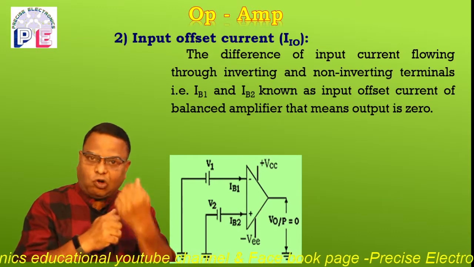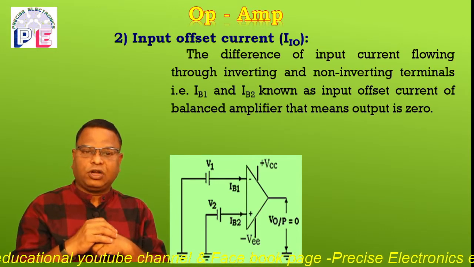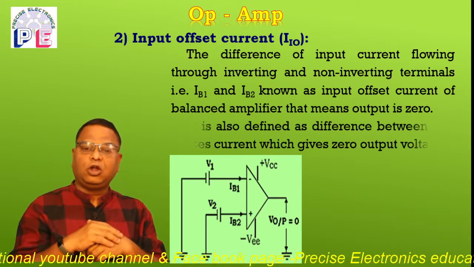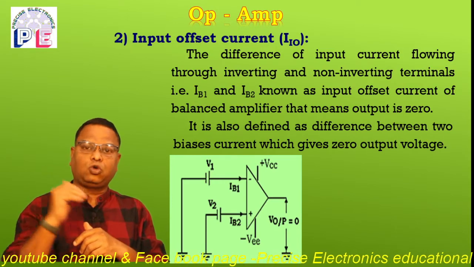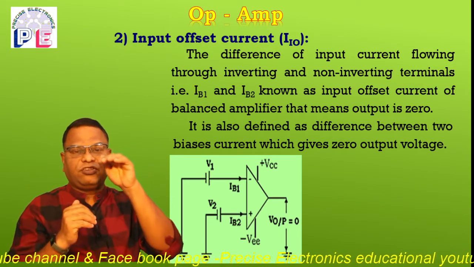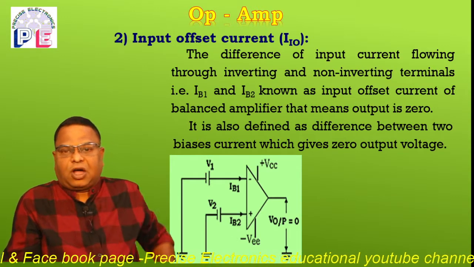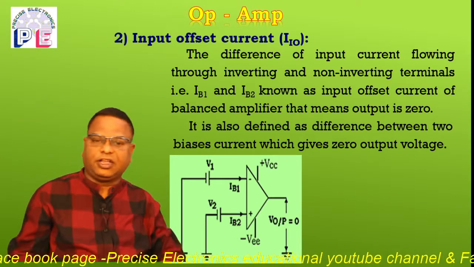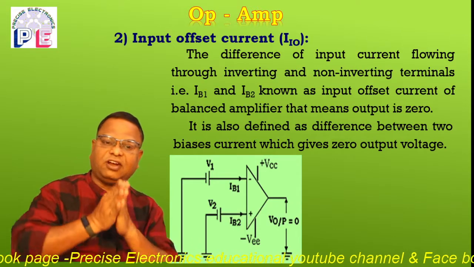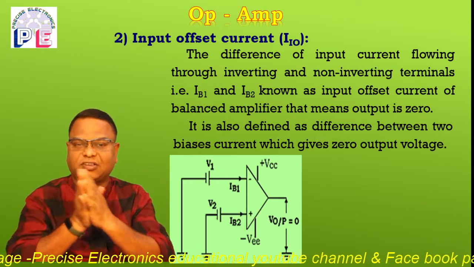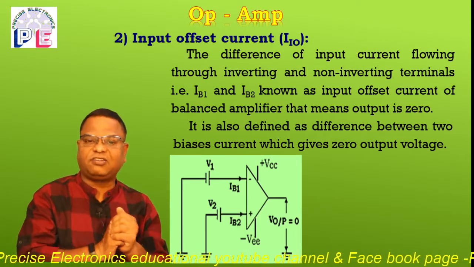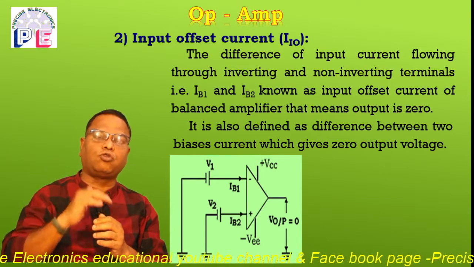So it is also defined as the difference between the two biasing currents which gives a 0 output voltage. How will you define the input offset current? The input offset current is defined as the difference between the two biasing currents which gives a 0 output.